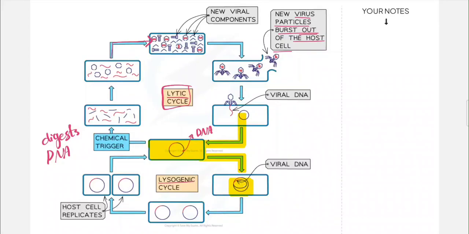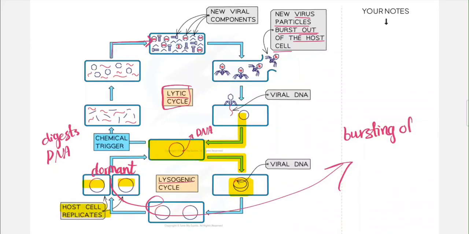Here, as you can see, the host cell replicates and there are 2 cells. The 2 cells keep the viral DNA inside them, but it's dormant. It doesn't function until something specific occurs, such as bursting of the cell surface membrane.